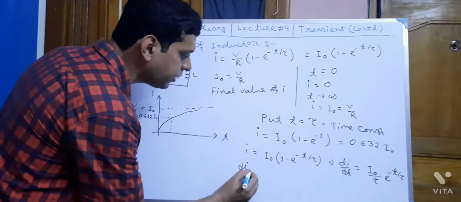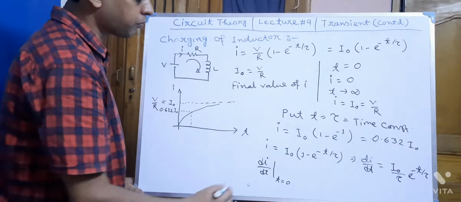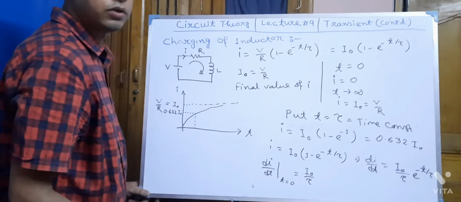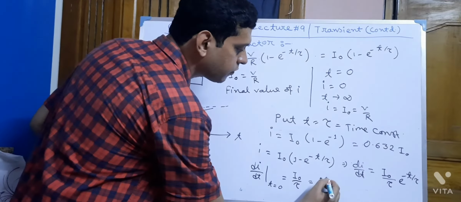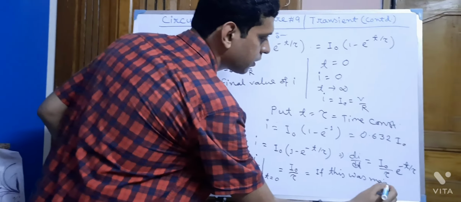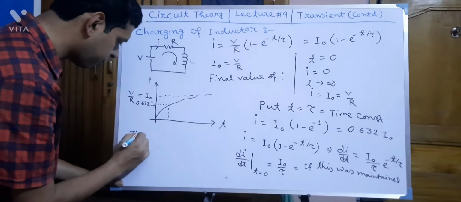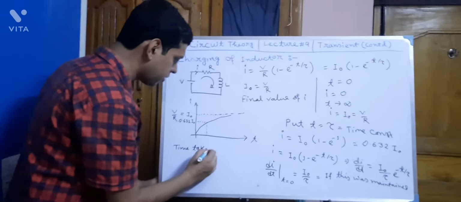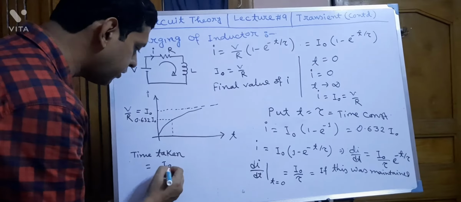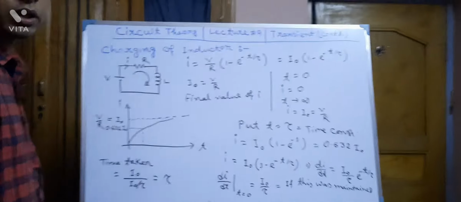Now di dt at t equal to 0, or the initial rate of rise of current, equal to what? I0 by tau. Now if this is maintained, then the time taken by the current to reach its final value will be I0 divided by I0 by tau, which is equal to tau or the time constant.